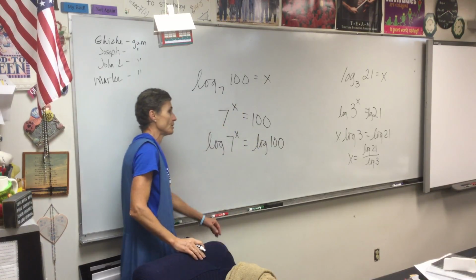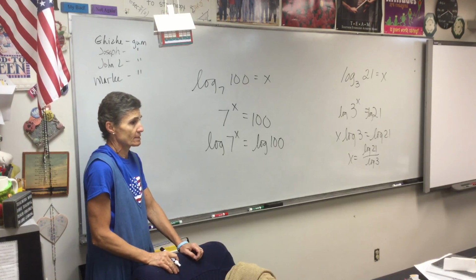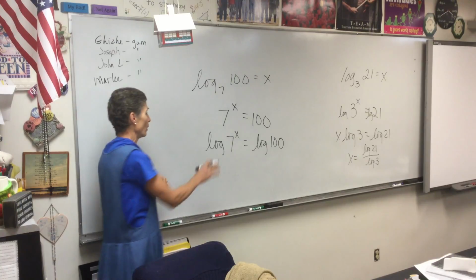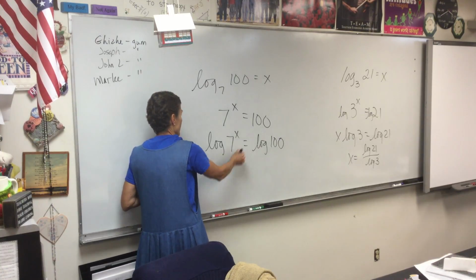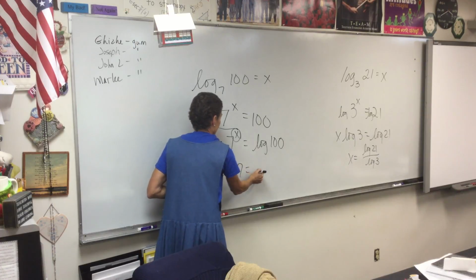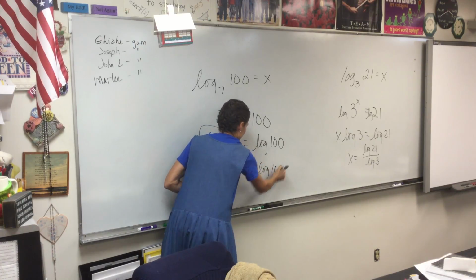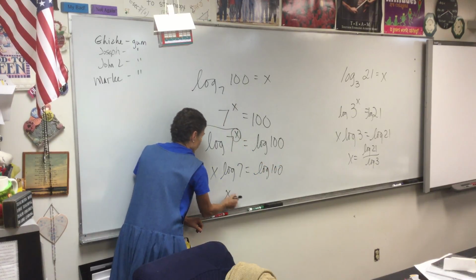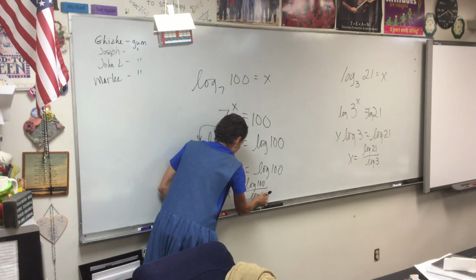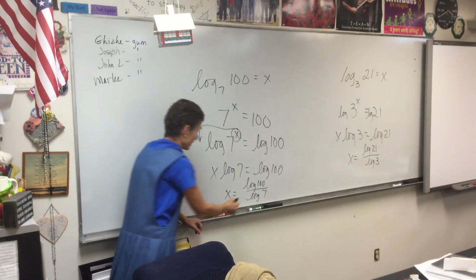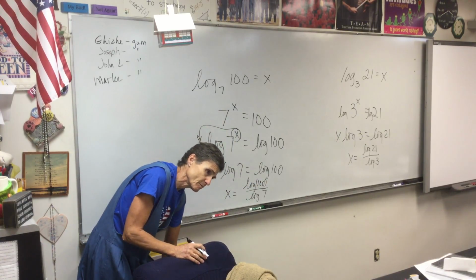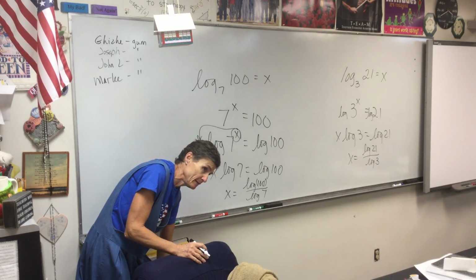You can log or ln, makes no difference. No matter which one you do though, the next step is the cool one. What happens now? X comes out in front. And we divide. Now, I type that into my calculator, being very careful to close the parentheses there so I get the right answer. Should be 2 point something, hopefully.